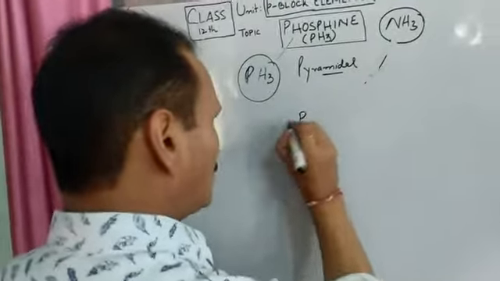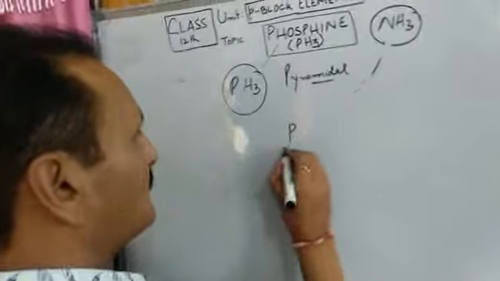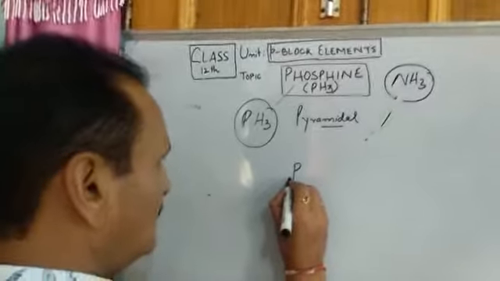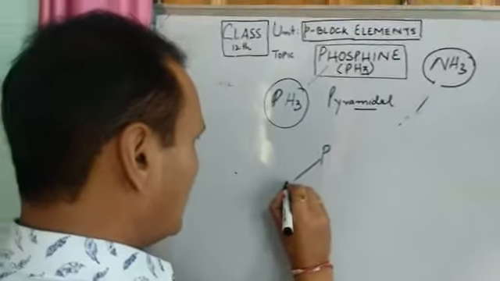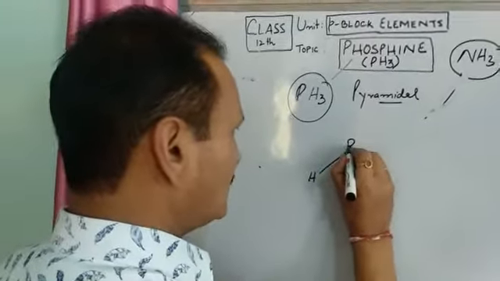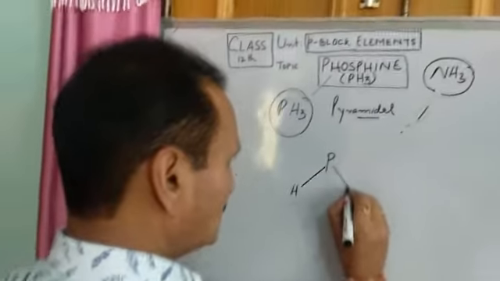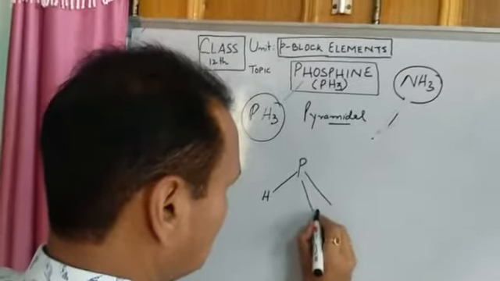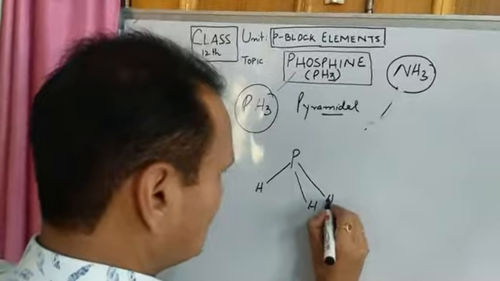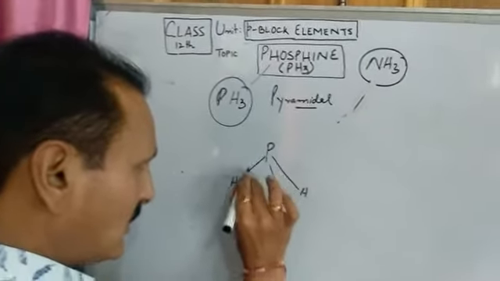Phosphorus occupies the central position. Then it has 3 hydrogen atoms attached to it through 3 covalent bonds.